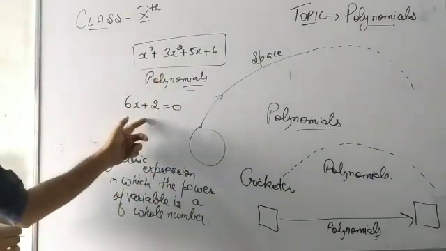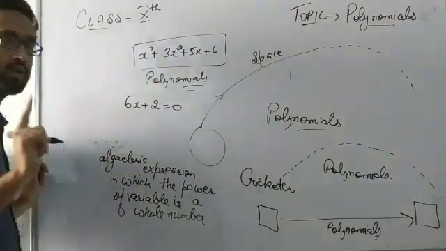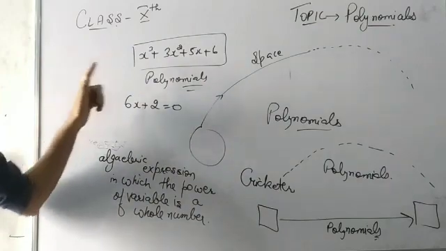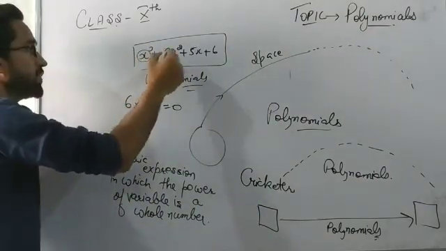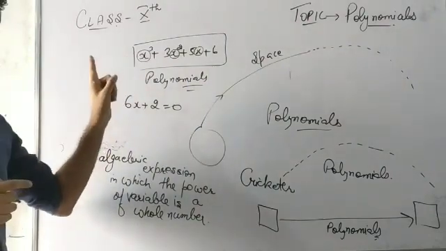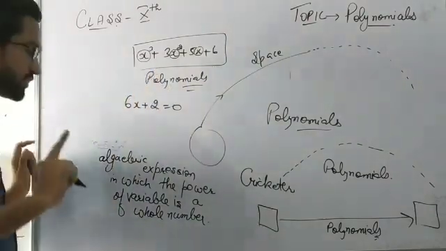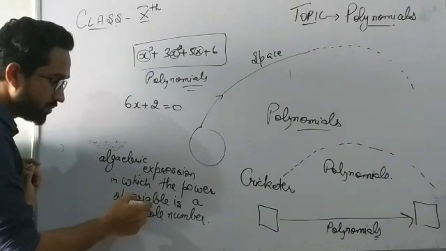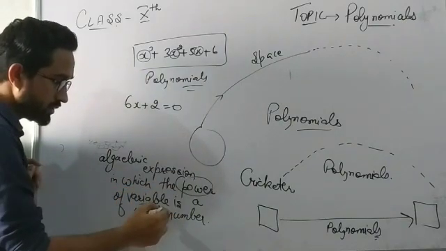See here, you have noticed that in polynomials we will be using one variable here, that is x, and one more thing we have to take care of is that the variable will have its power as a whole number.